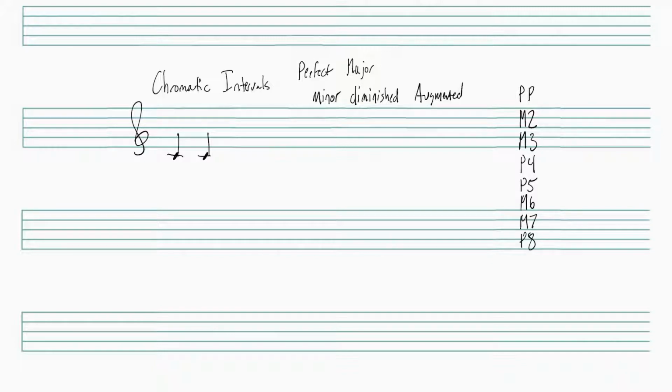So we're going to start with our perfect intervals. When we alter a perfect interval, so our P for perfect, the interval, of course, is the distance between two notes. For a perfect interval, if you were to reduce the size of that interval by a half step, so I'm going to put minus a half step, that interval is going to become what's called diminished.